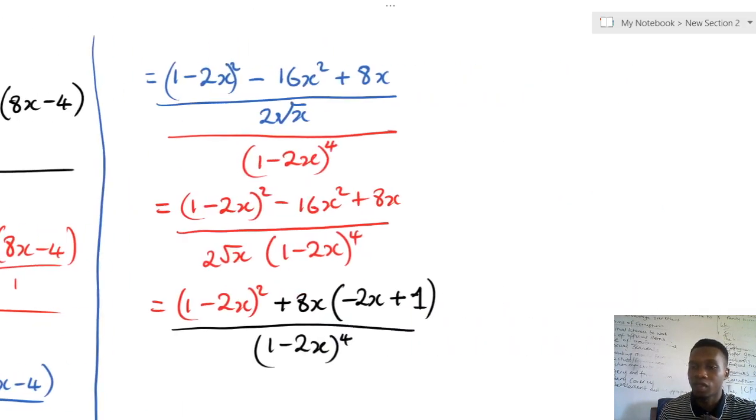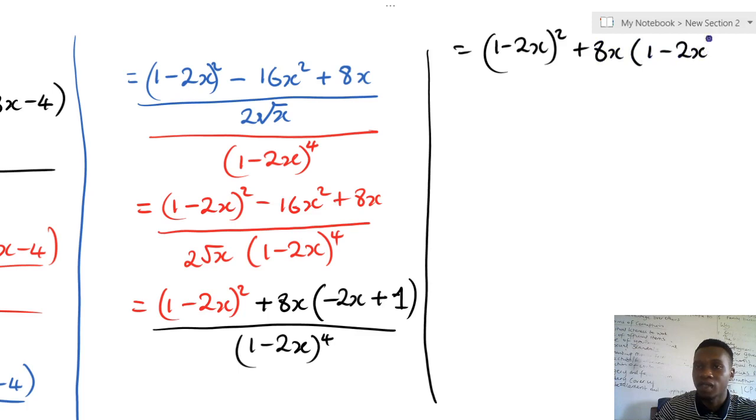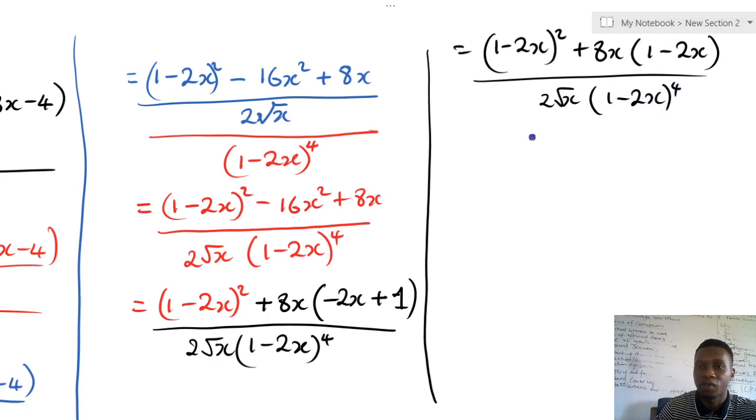So moving on, let me rearrange this one to look like this. So my 1 will come over here, and then my minus 2 will come over to the other side. So it will be 1 minus 2x raised to the power of 2 plus 8x bracket 1 minus 2x, over 2 with x, bracket 1 minus 2x raised to the power of 4.